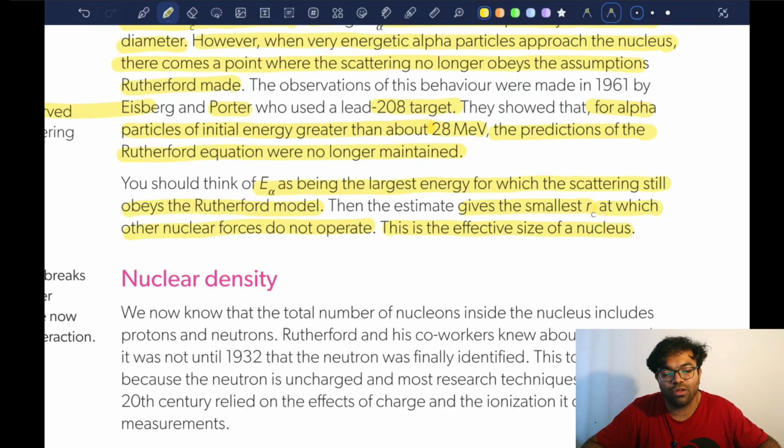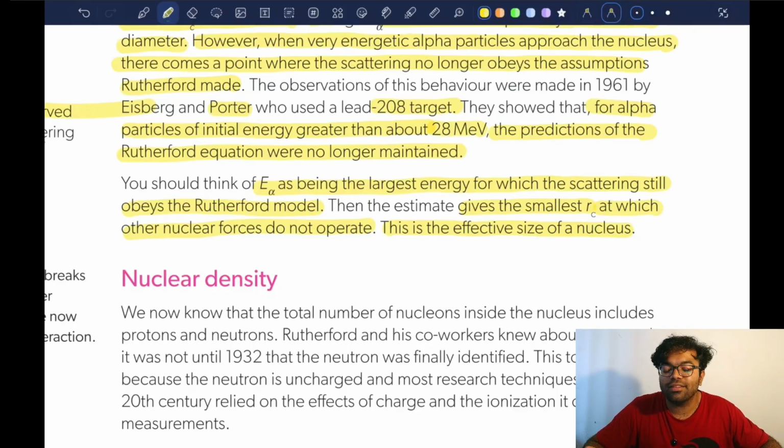It is the distance of closest approach where Rutherford's models are not violated. If you reach a region in the nuclear space where Rutherford's models are violated, then the whole model fails. Is this 100% clear?